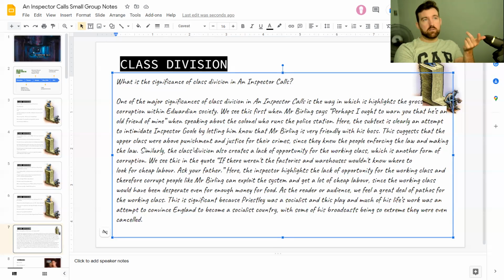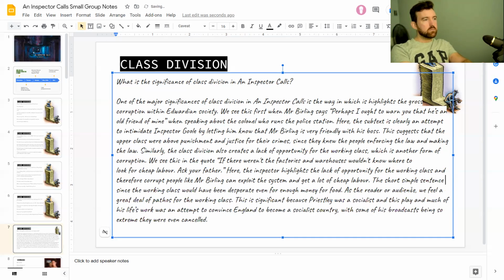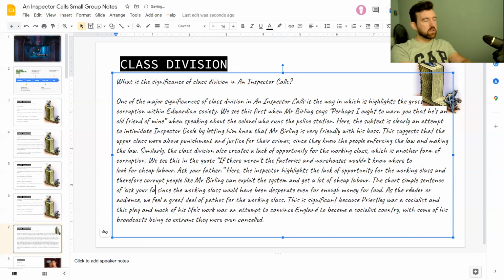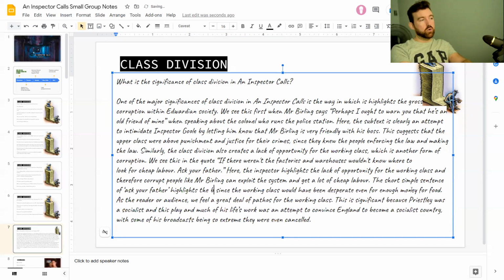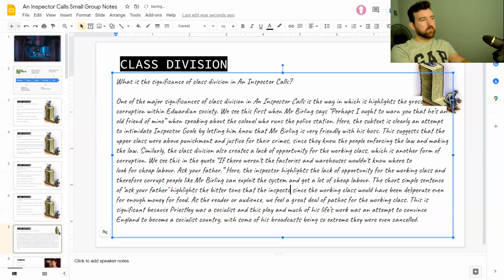We've got several bits of evidence which we've analyzed. We've tried to use some techniques. I do feel like maybe I could have used a bit more, particularly with this bit. I'd probably just put that the short, simple sentence of "Ask your father" highlights the bitter tone that the inspector uses.